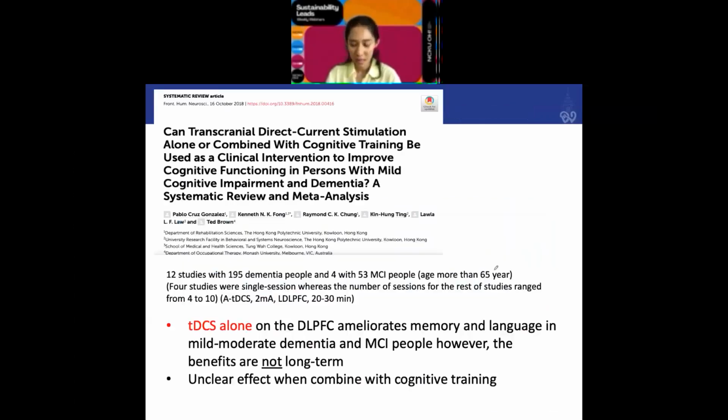All right. Okay, this one is also interesting, because of elderly people who probably have cognitive impairment, non-dementia. There is also a recent meta-analysis published in 2018. Very interesting, because they compared cognitive training with tDCS and tDCS alone, and they found that tDCS alone had a better effect.